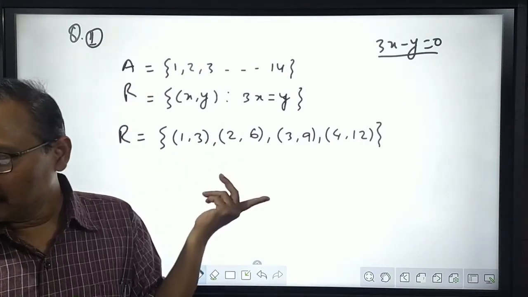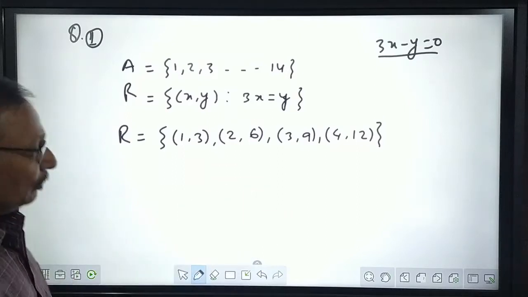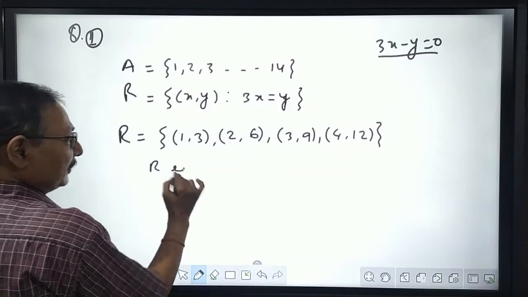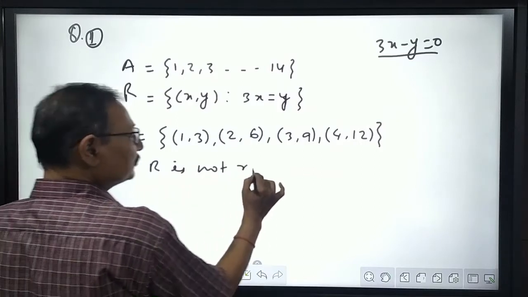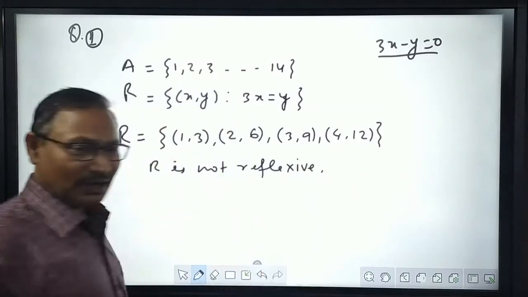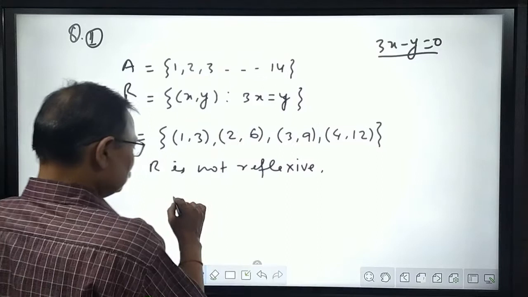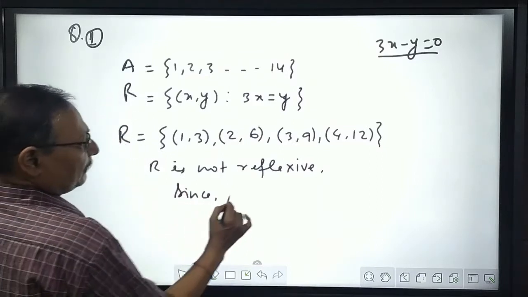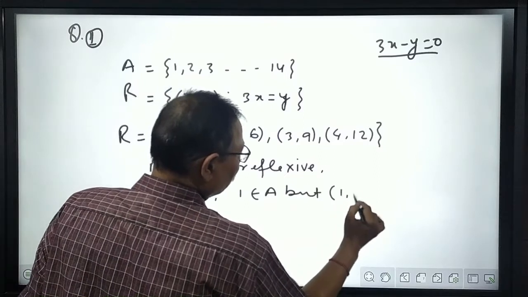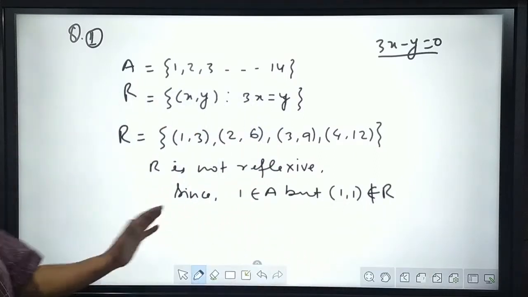So stop here, don't check further. So we are saying that R is not reflexive, and we should give the reason: 1 belongs to A but (1, 1) does not belong to R. So this is not reflexive.